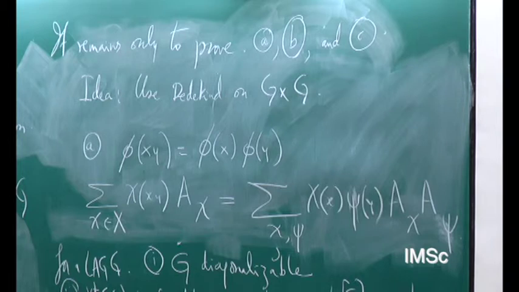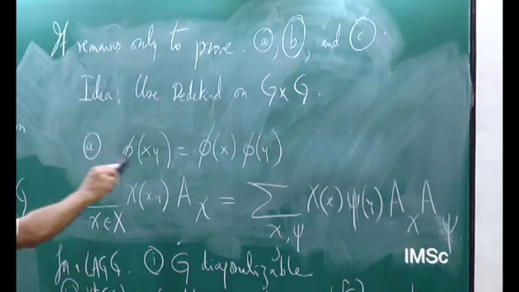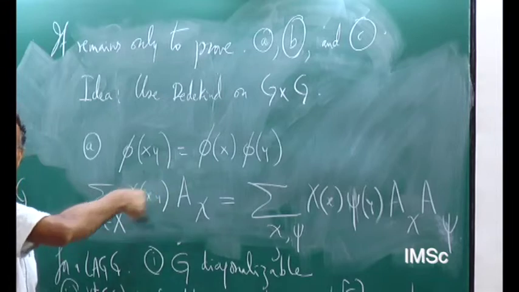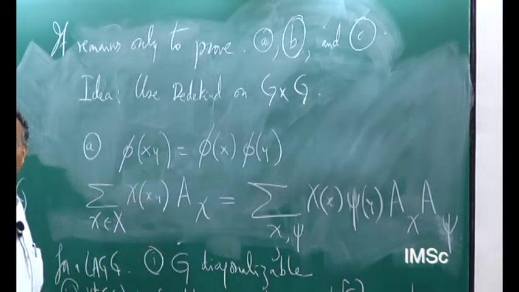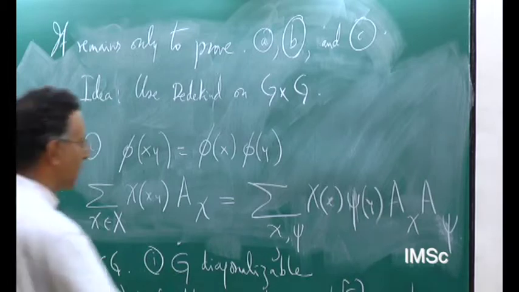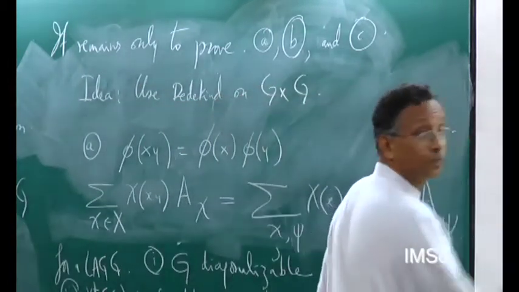I've just substituted for this and this and multiplied out those two things. Okay. Now that sort of looks like it, I have a chi a psi here.